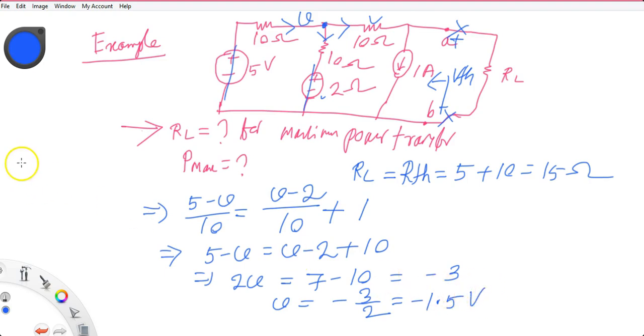So what will be the VTH? VTH will be V minus 10 into I. So you have minus 11.5 volt.